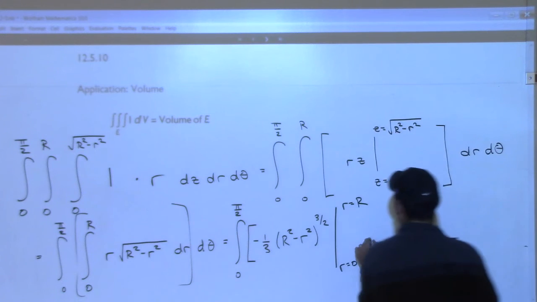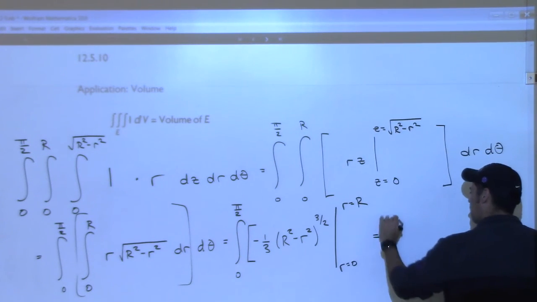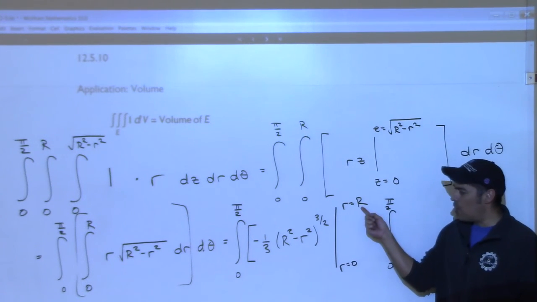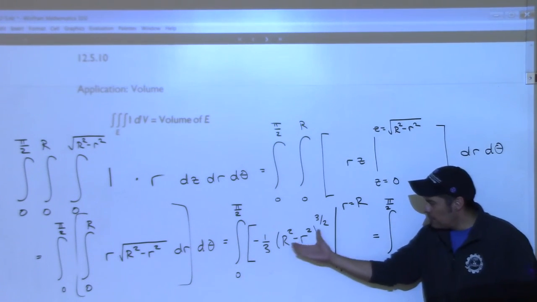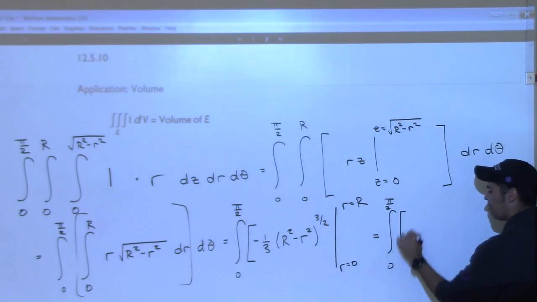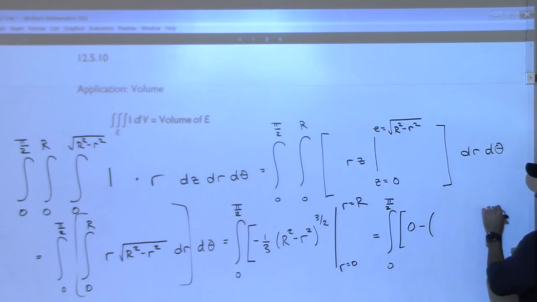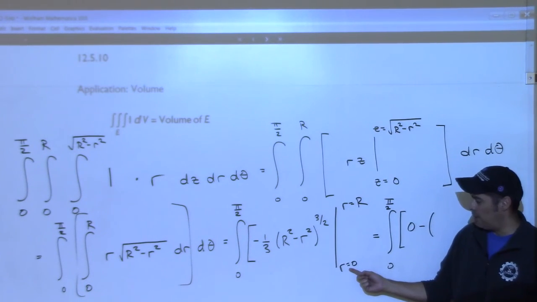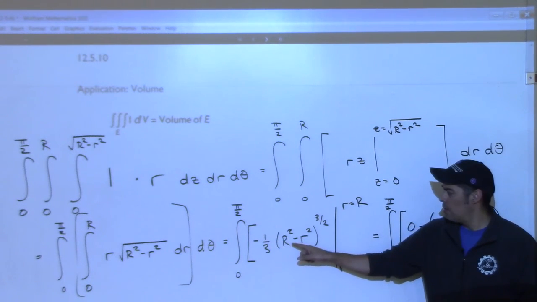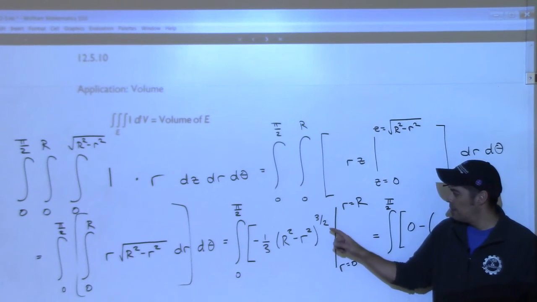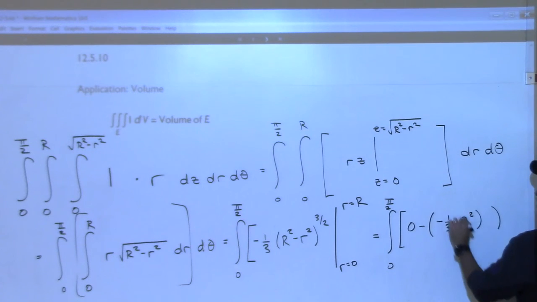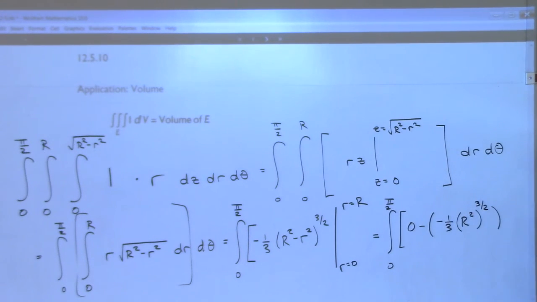So what happens, this is just mind-blowing now, integral from 0 to pi over 2, what happens when you plug capital R in for little r? 0, right? That goes away. So you get 0. Then you take away from that what? Plug 0 in for little r, and you get negative 1/3 capital R squared to the 3/2, so negative 1/3 capital R squared raised to the 3/2.